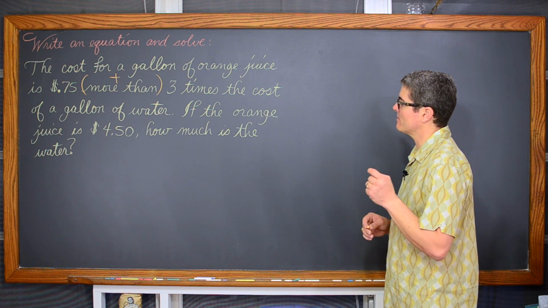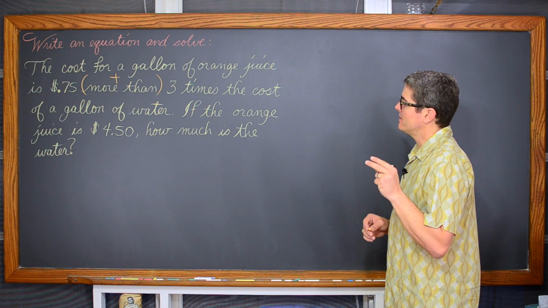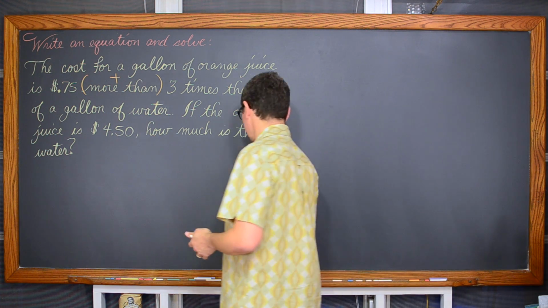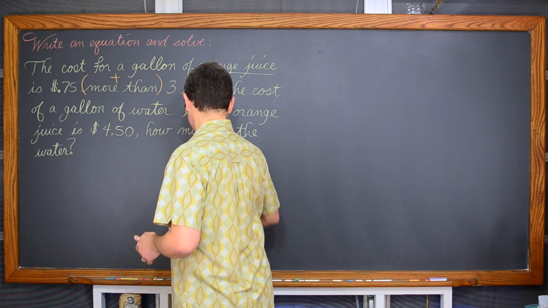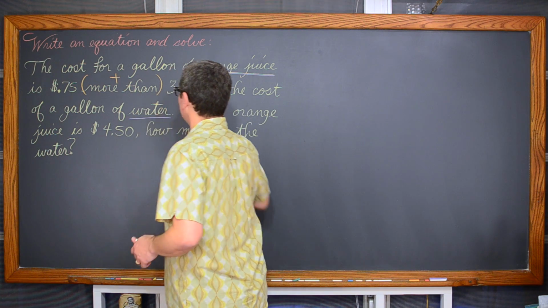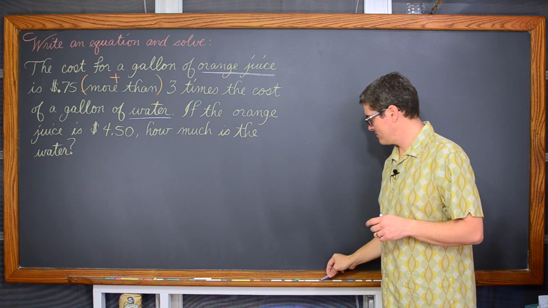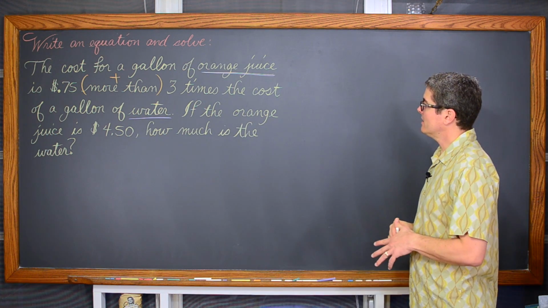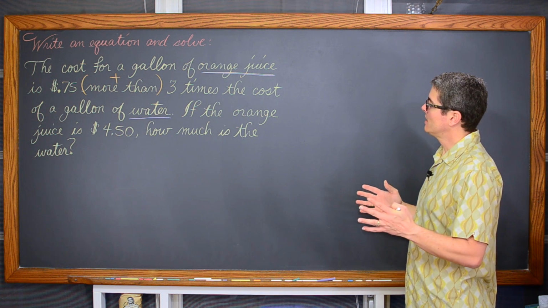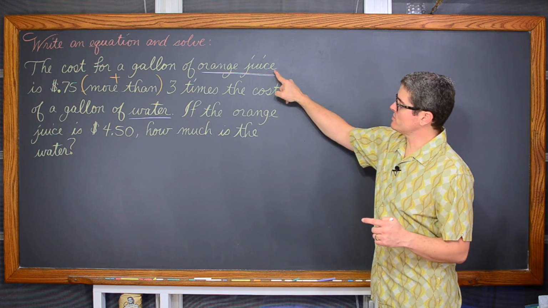Okay, so we're comparing something about the cost of orange juice and the cost of water. Which of those variables do we know nothing about? We don't know either one, but we know how we come up with the orange juice price.